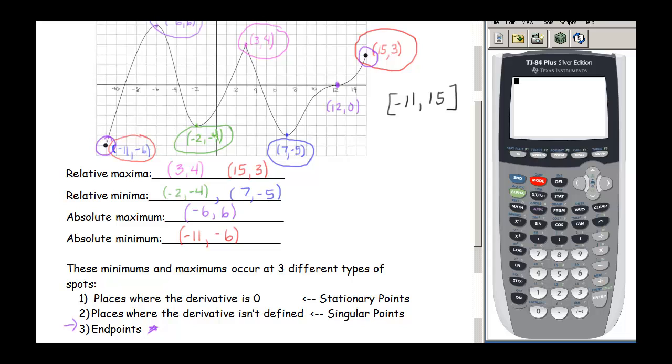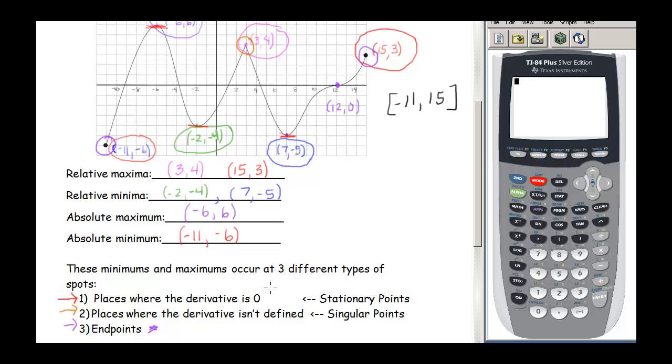Another thing that we've got going on is we've got 3 points here where our tangent line is horizontal. So these 3 spots here have a horizontal tangent line. So that is this first type of point. And then we've got one last point, this point right here. This point has a sharp point on it, so our derivative is actually not defined there.